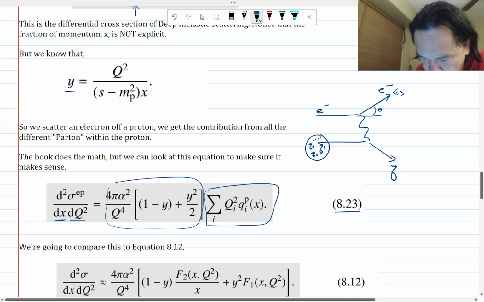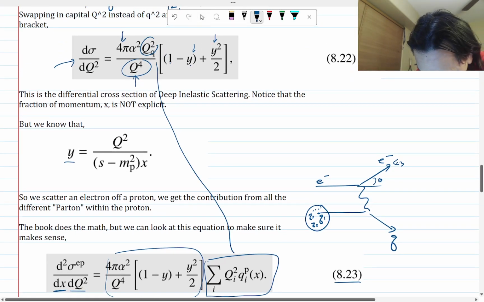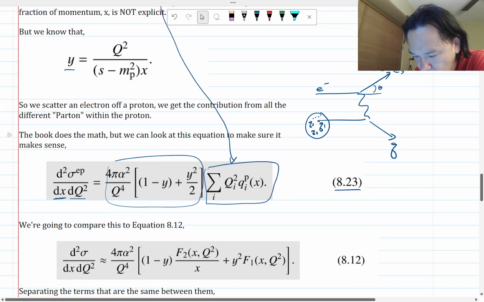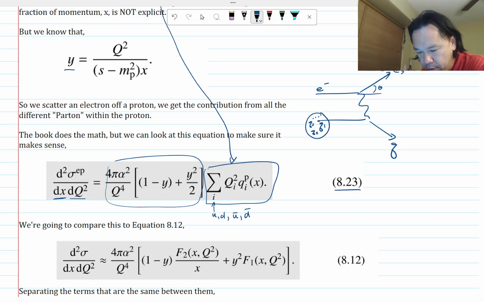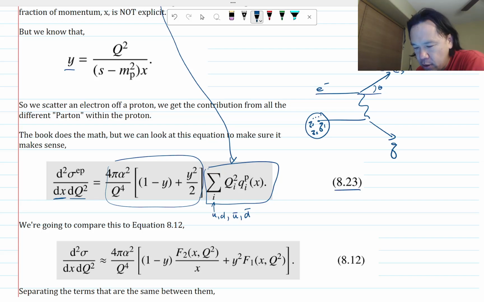And then, to account for the various different quark constituents inside the proton, not only do you have this formula here, but instead of this Q squared here, this actually gets blown up into basically the charge of the individual quarks. So this can be an up quark, down quark. We're actually going to have u bar, d bar in here also. The antiquark also matters because they are created by a sea of gluons inside. They're called sea quarks.